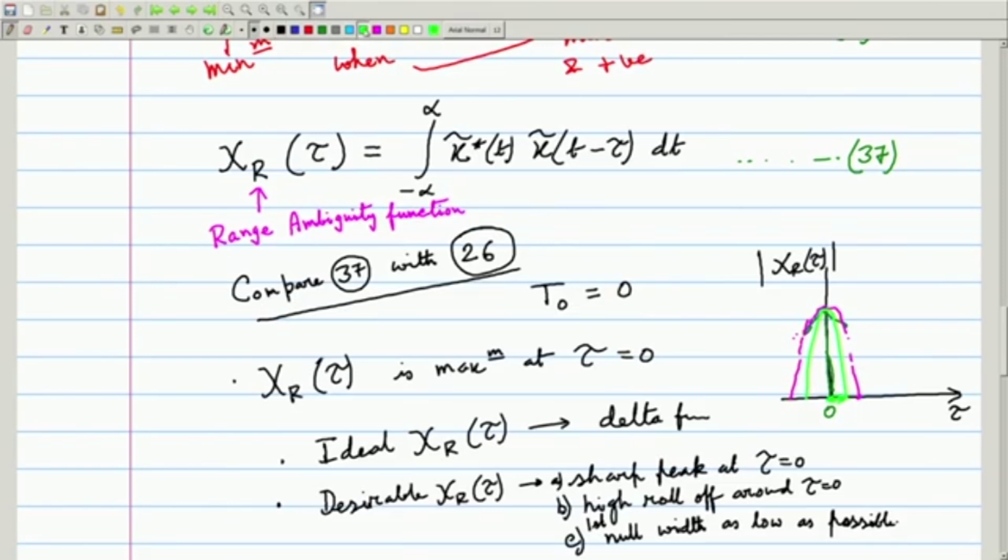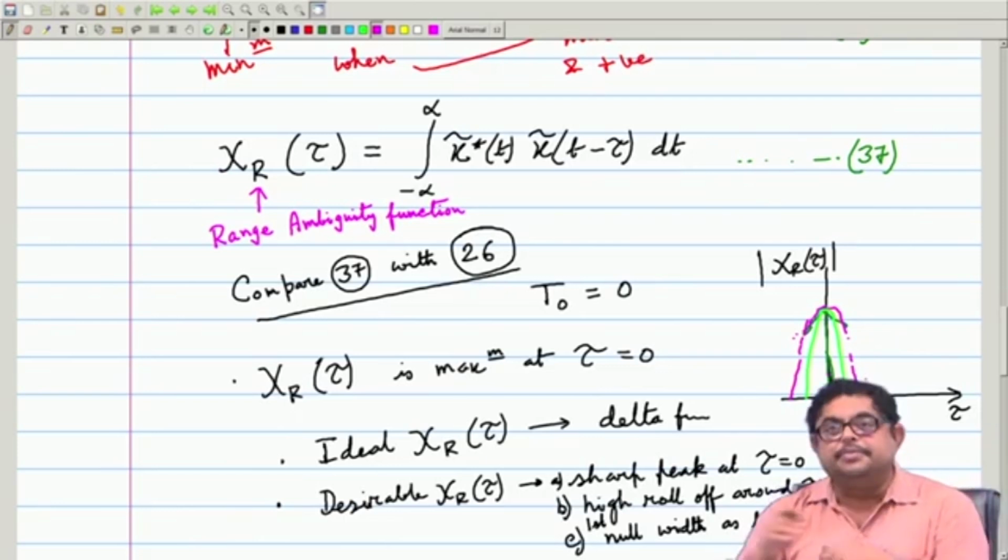So, when I am at this green one, you see that any two targets whose separation between them is within this, I will always say no, no, no, it is from the same target.